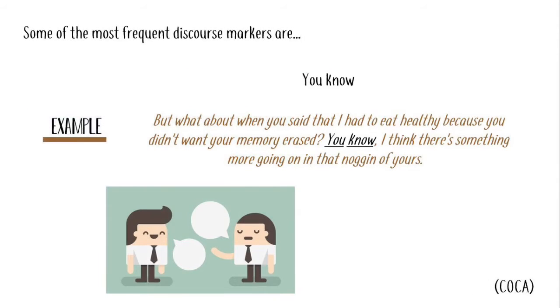Some of the most frequent discourse markers are you know, which is a word or phrase used when the speaker doesn't quite know what they are going to say next. So they insert a filler word or phrase while they compose their next spoken line, as in the following sentence: But what about when you said that I had to eat healthy because you didn't want your memory erased? I think there's something more going on in that nugget of yours.